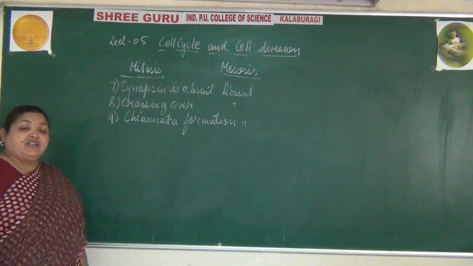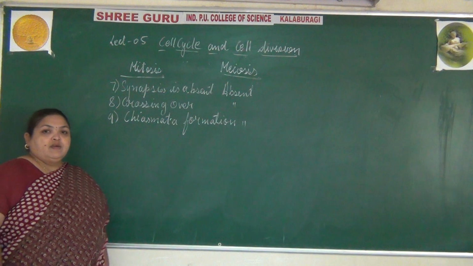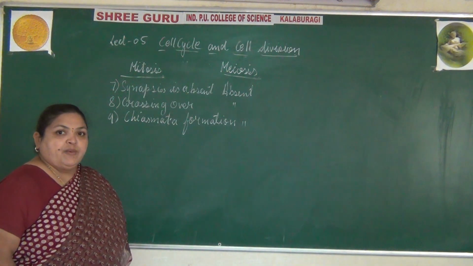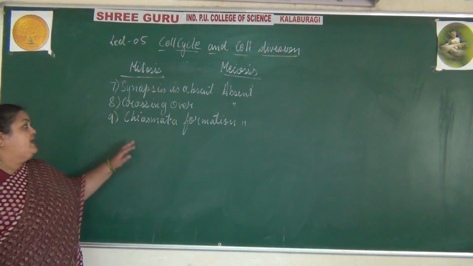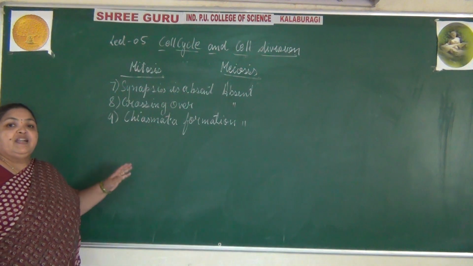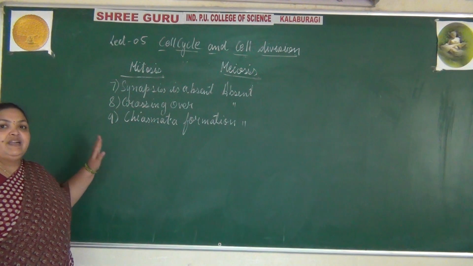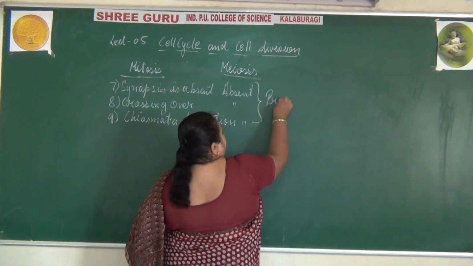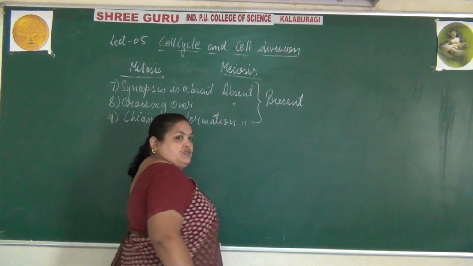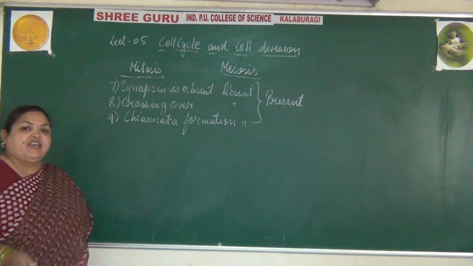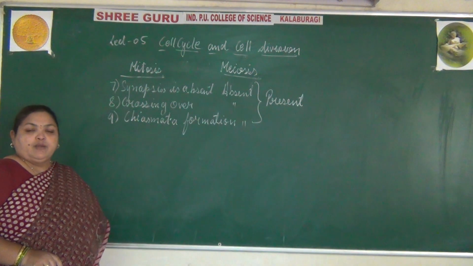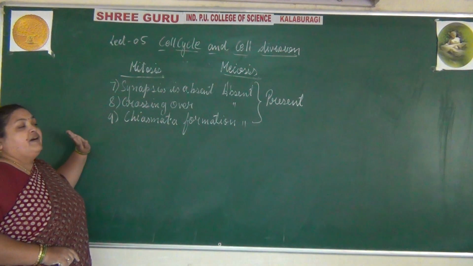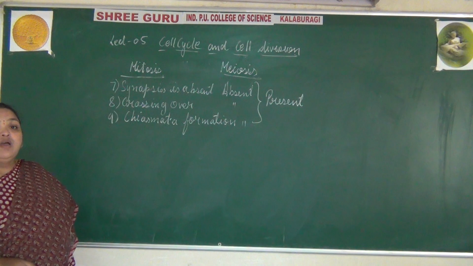Synapsis is the pairing of homologous chromosomes; crossing over is the exchange of genetic material or segments between the non-sister chromatids of the homologous chromosomes; chiasmata are the points where crossing over occurs. All these stages you will not find in mitosis, while these processes are present in meiosis. They are the main important process for the exchange of segments and change in the genetic makeup of the DNA.